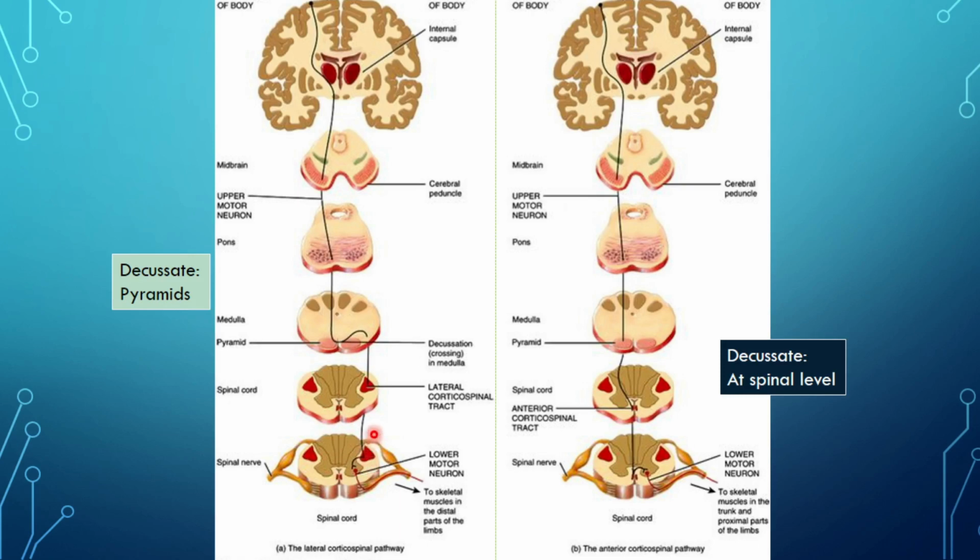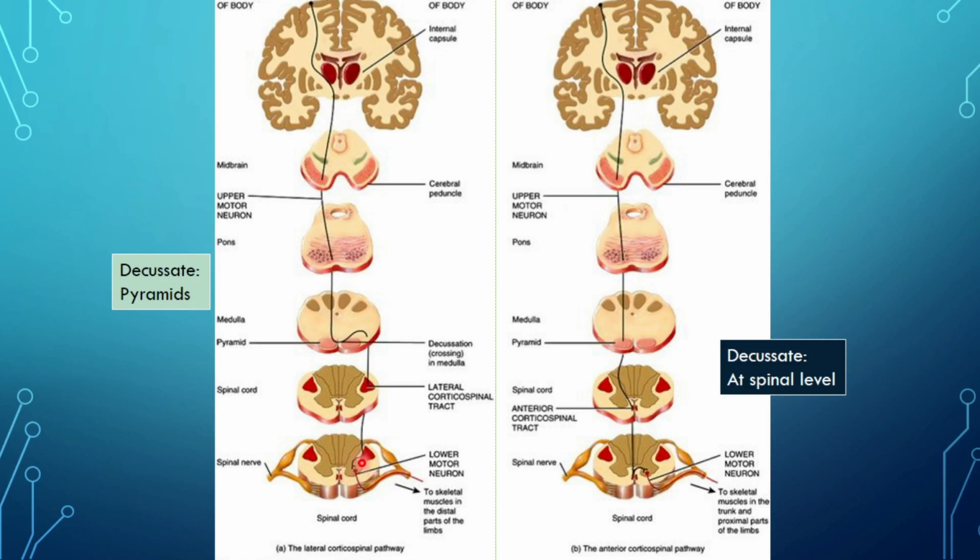So the neuron descends down the spinal cord all the way to the level of, let's say, T1, and at that point the neuron exits from the lateral corticospinal tract and enters into the grey matter of the spinal cord.